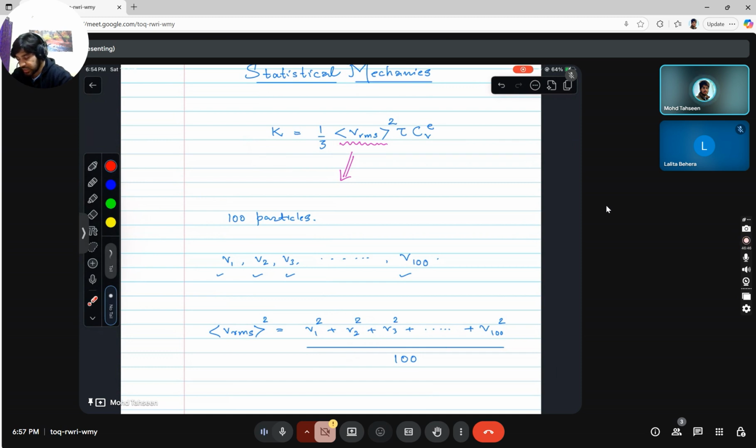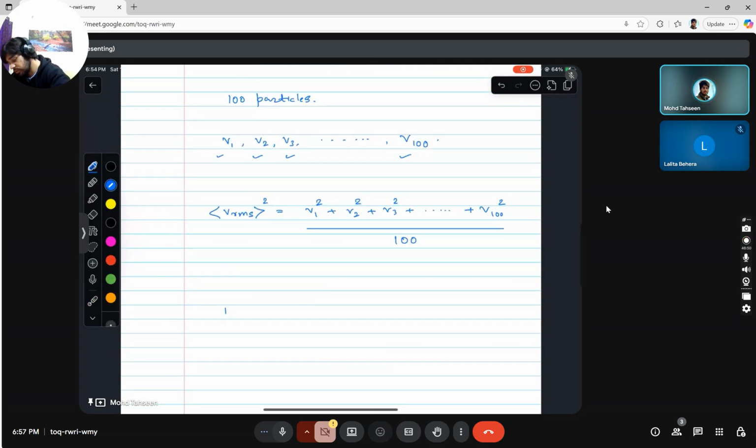If we take the example that we took last time, in 1 meter cube of a metallic solid like Ag, silver, it's a univalent atom, so each atom gives out one electron, and the number of electrons in 1 meter cube of this solid is of the order of 10 to the power 28.